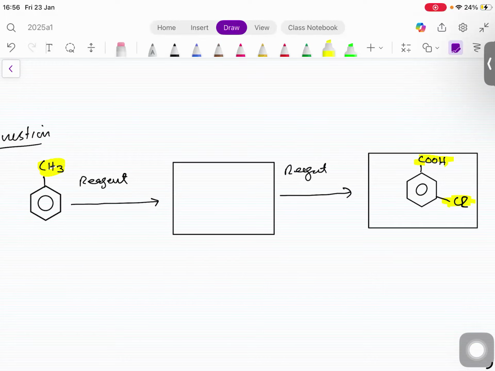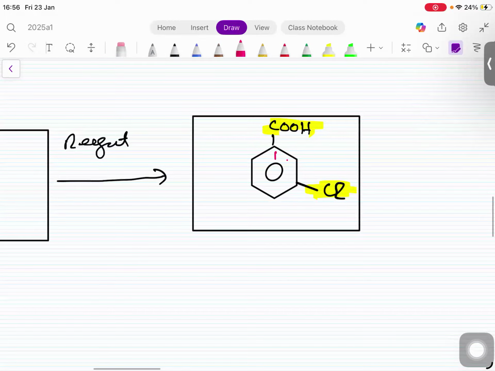Chlorination or oxidation? If I look at the product, I clearly can see that the substituent is at carbon number 3. So I got to know that the first group that should come in should be a 3,5 directing group, because my end product contains the substituent at carbon number 3.